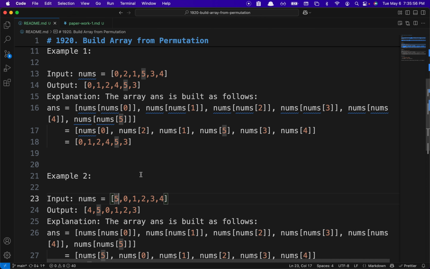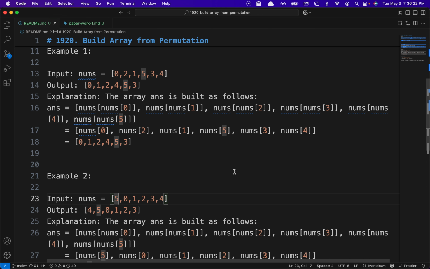Should you do a sort of stack or a recursive call? Like next you look at 0, nums of 1. So we're going to change it so nums of 1 is going to be 0, and nums of 0, you need the value of that, 5. Change this.